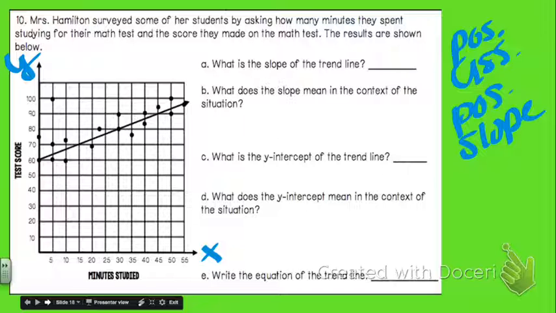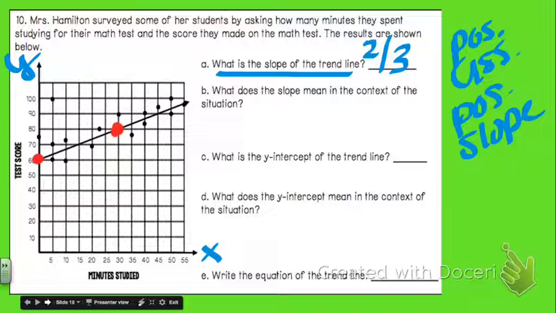It says, A, what is the slope of the trend line? So once again, go ahead and pause the video for a second and see if you can come up with the slope. Okay, so the slope is 2/3. And how I got 2/3 is I'm going to start with my point at 60, and I'm going to see where my line intersects at the next point, which would be here.